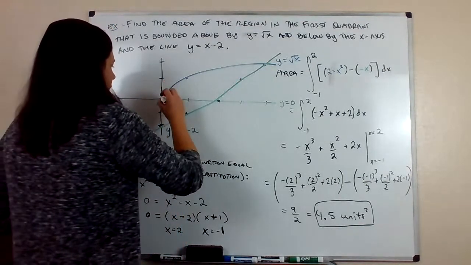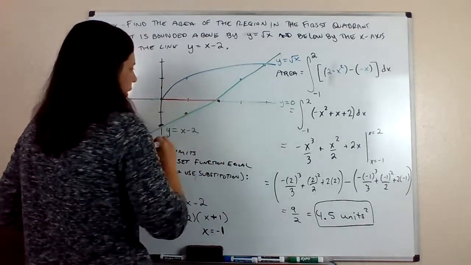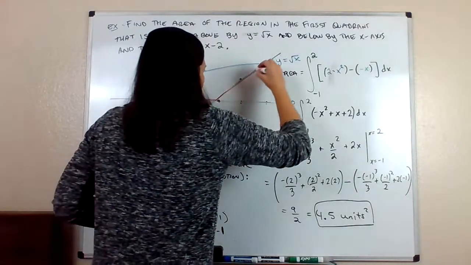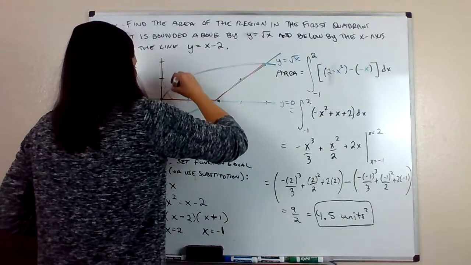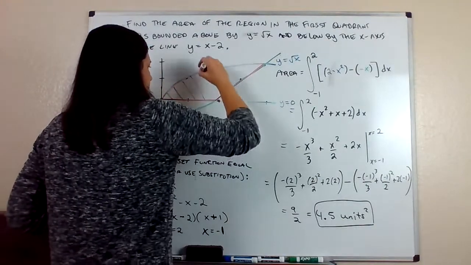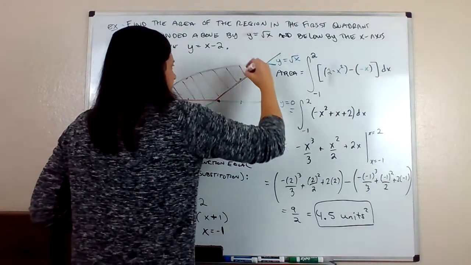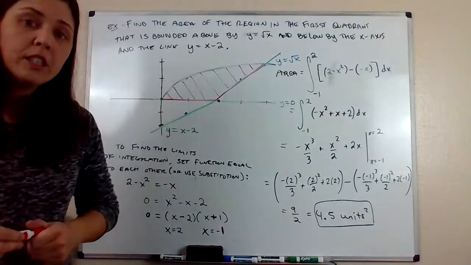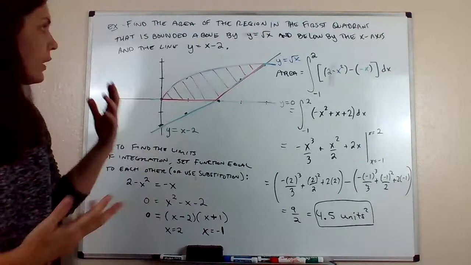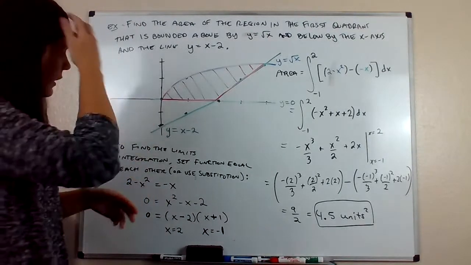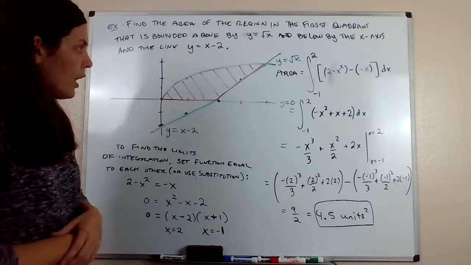So it's this region right here. This is our region that we're integrating. You had to piece all that together with the words that it was in the first quadrant as well. So there's a lot going on here.